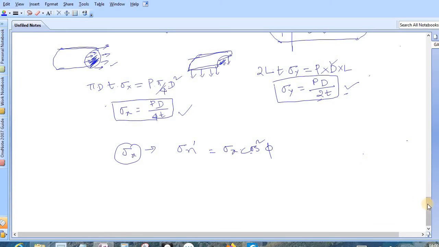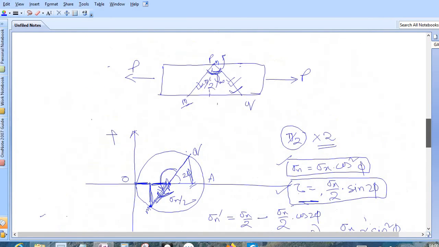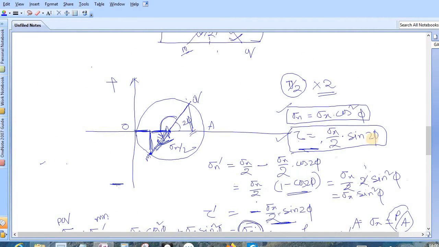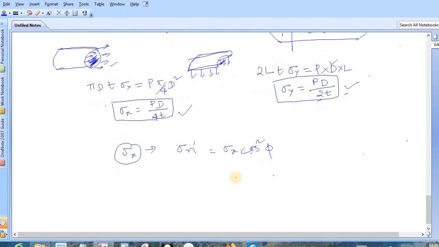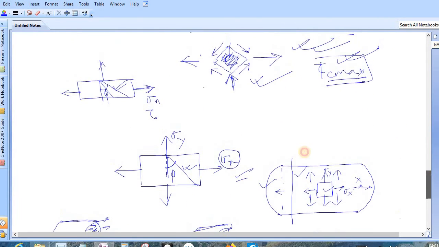And what about your shear stress? It was sigma x by 2 multiplied with sine 2 phi. Let's say this is tau dash, sigma x divided by 2 multiplied with sine 2 phi. Now let's see how this phi has been measured.